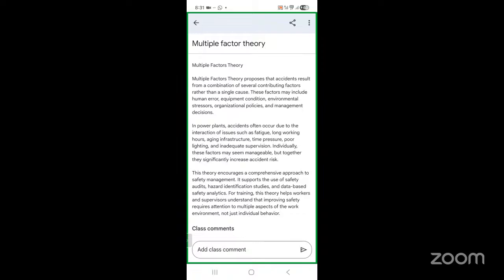Okay, Shejal, now you read multiple factors theory. Multiple factors theory proposes that accidents result from a combination of several contributing factors rather than a single cause. These factors may include human error, equipment condition, environmental stressors, organizational policies, and management decisions.